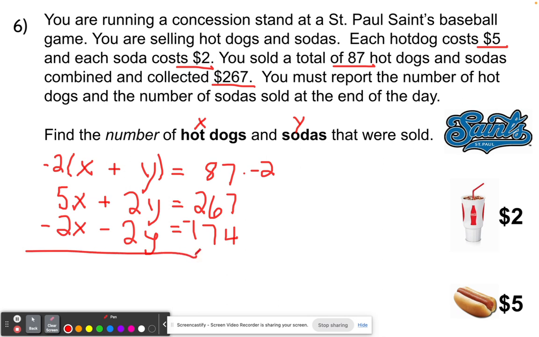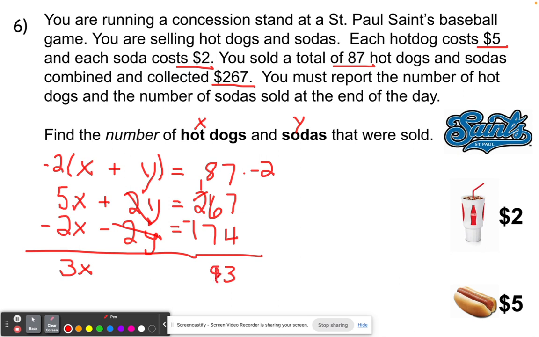So now what am I left with? 5x minus 2x is 3x. My y's cancel out. 267 minus 174. Well, 7 minus 4 is 3. Simplify this. 16 minus 7 is 9.